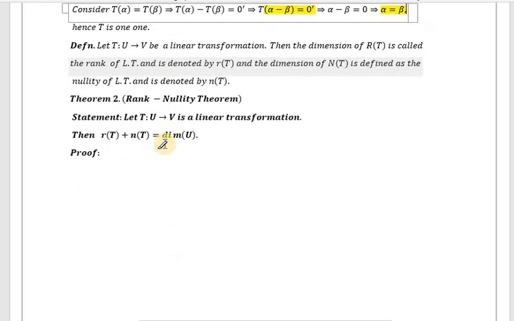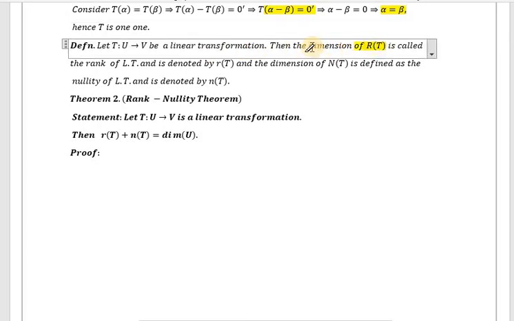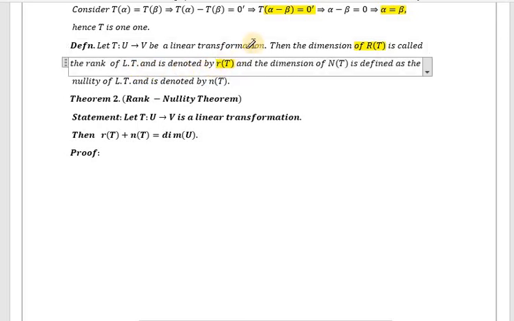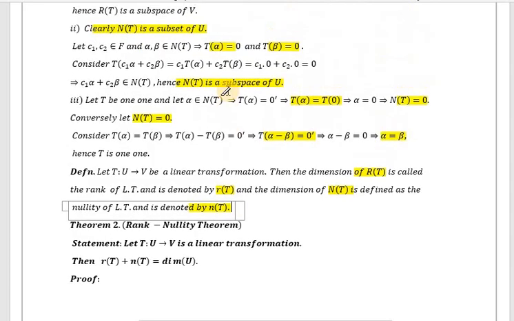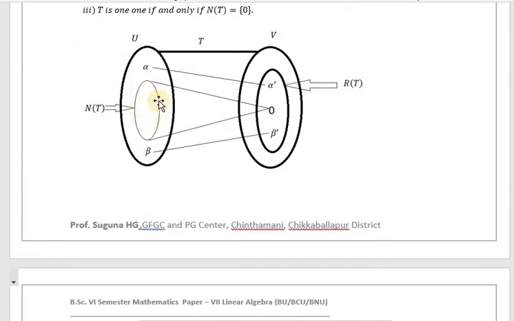Then the definition of the rank and nullity. Let T from U to V be a linear transformation, then the dimension of R of T is called the rank of T and denoted by r of T. See, the dimension of the range set is the rank and the dimension of the null set is the nullity, which, from the diagram, means how many elements are there in this N of T will give us the nullity.